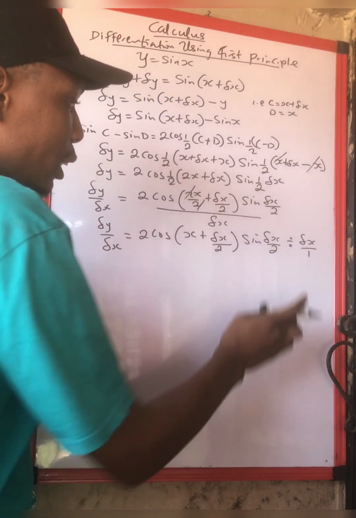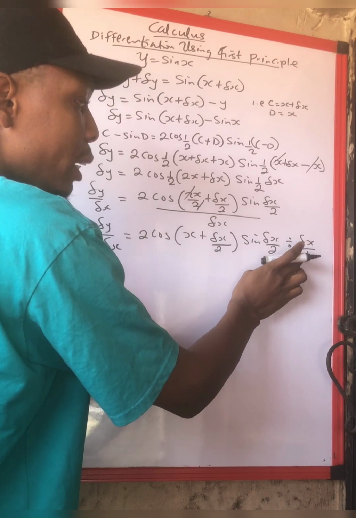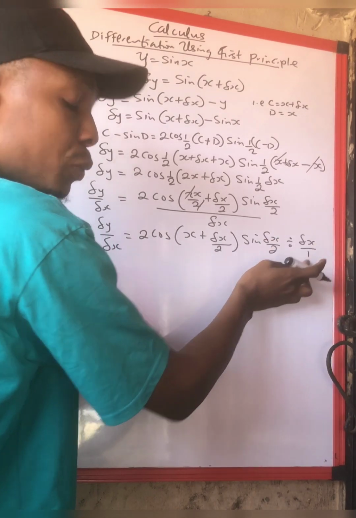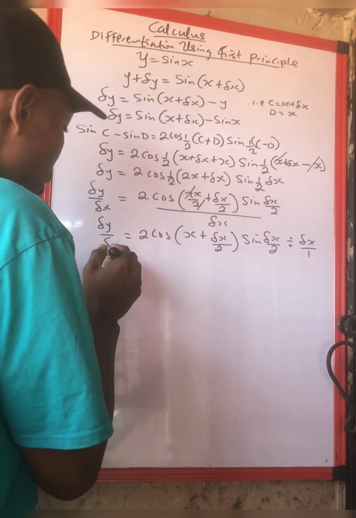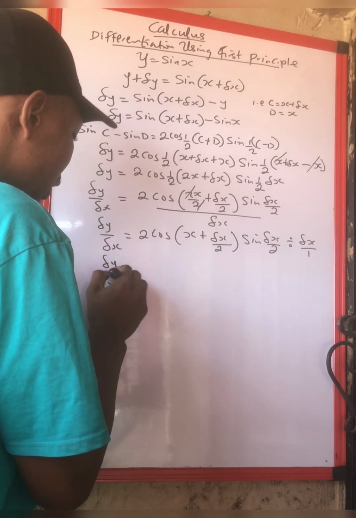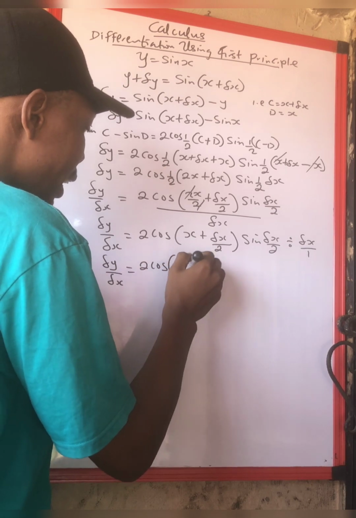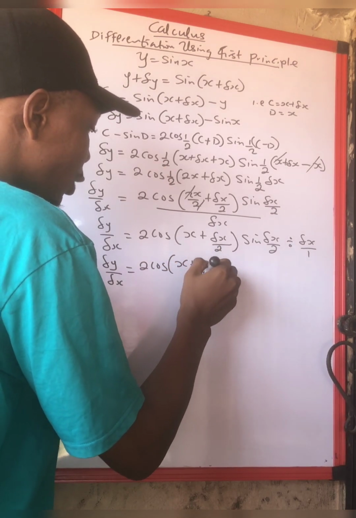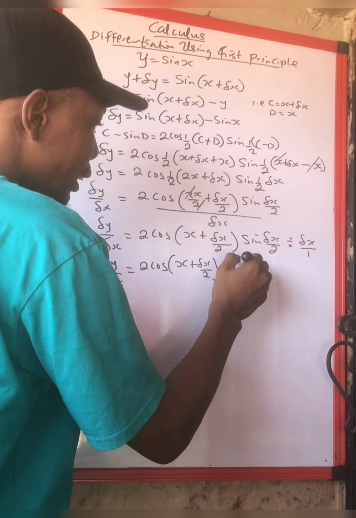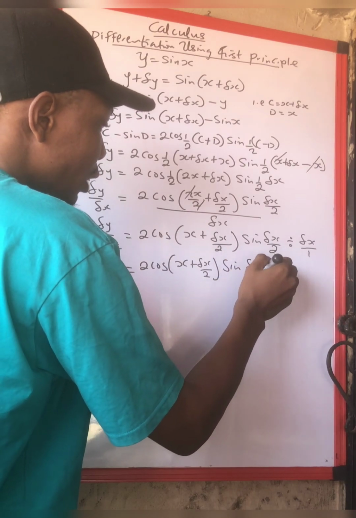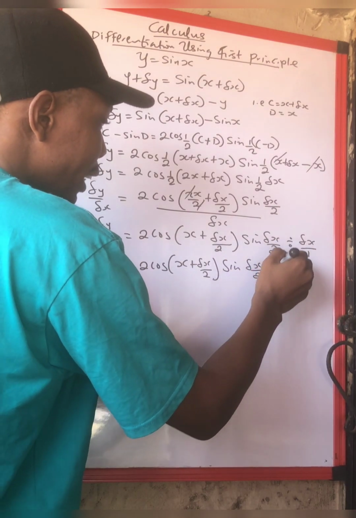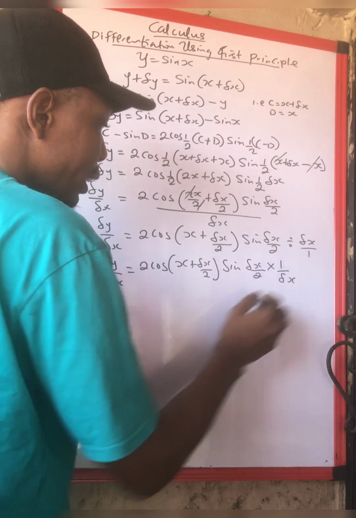Now, whenever you are changing these, the denominator moves to the numerator and the numerator moves to the denominator. So we have change in y over change in x equals 2 cos bracket x plus change in x over 2, then sine of change in x over 2, then times 1 over change in x.